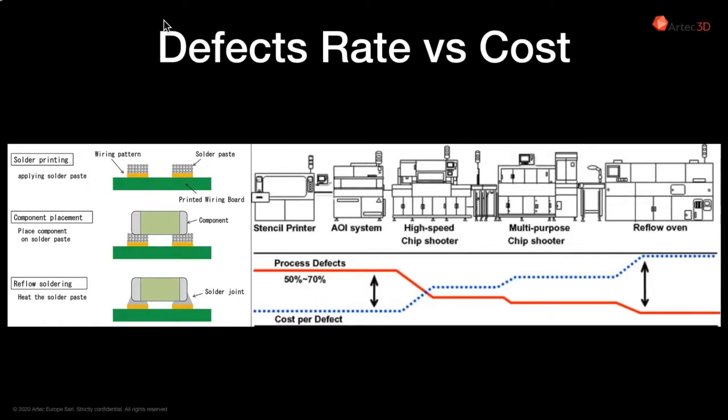However, when you place your components, the cost is going up. When you solder it, it's quite complicated to rework. So the cost at the end of the process is maximum.